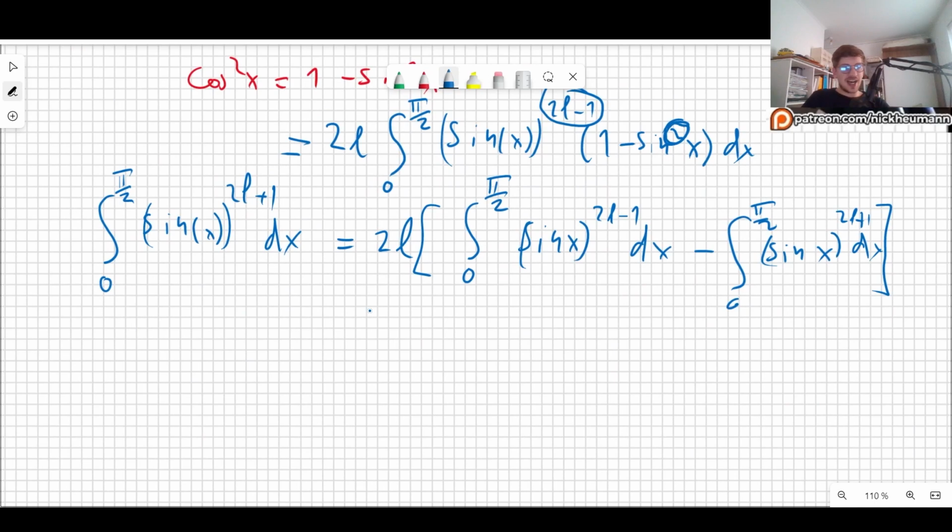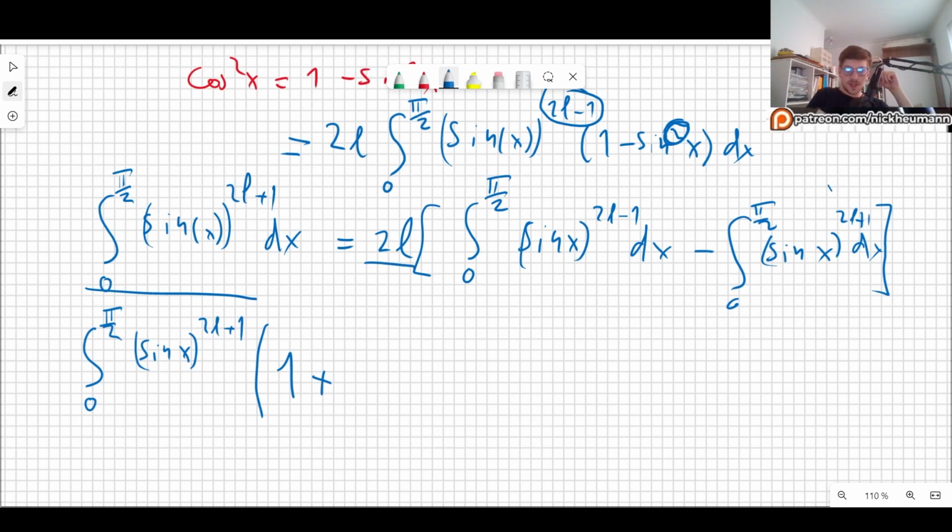So now we can just add this to the left, so we get this same integral that we already had, the integral from 0 to pi over 2 of sine of x to the 2l plus 1. We have it once because it is here, and then we add 2l from this one. So we simply add them together. And then we are still left with the 2l from here.